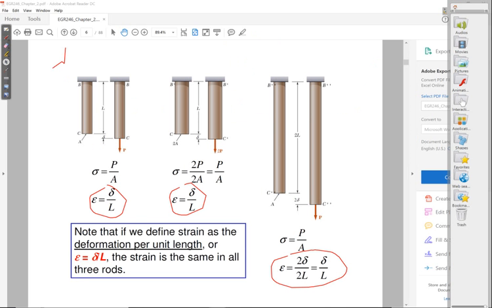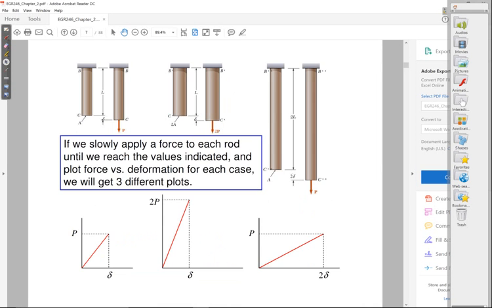So I had started to talk about starting with 0 force and basically increasing that force until we get to these strain values. So here's why we would do something like that. What you want to do is plot load versus deformation.